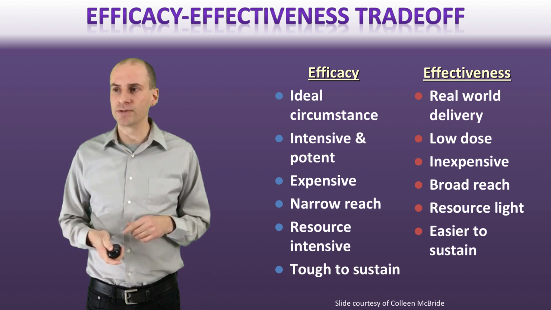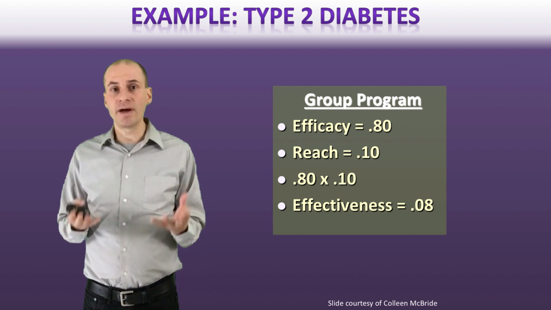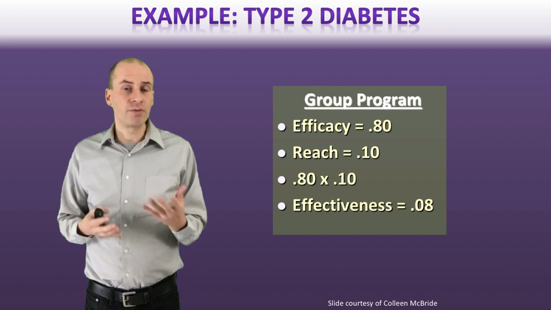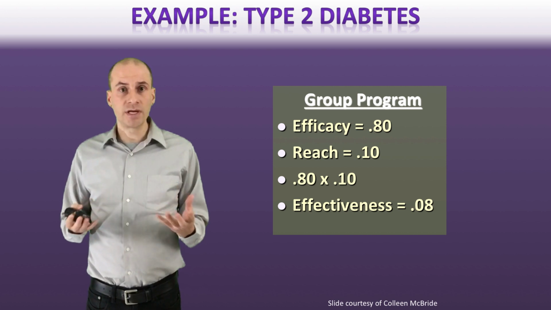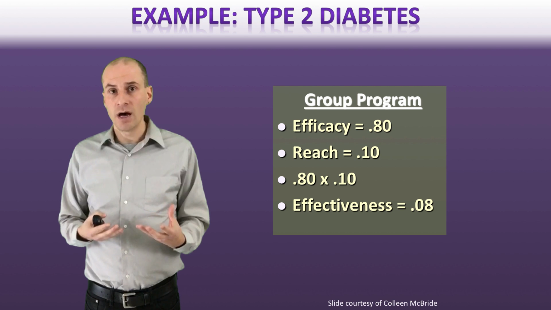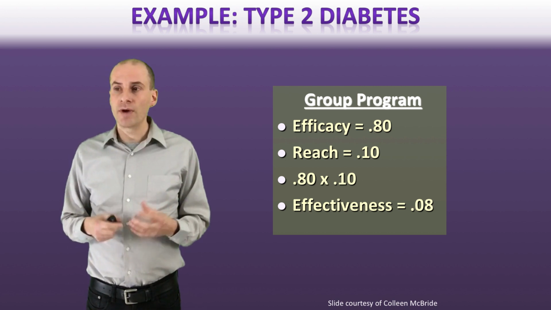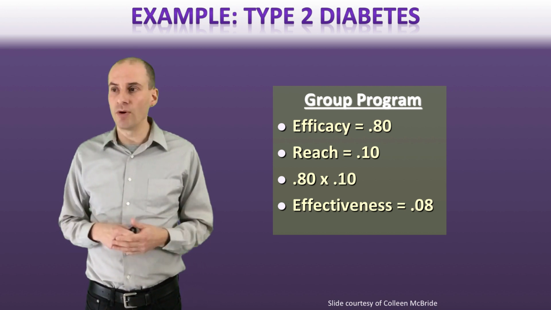I'll give you some examples. So think about type 2 diabetes. Again, type 2 diabetes is really common in the US population. About 35% of people will get type 2 diabetes within their lifespan. So it's a pretty serious health condition. It has a wide range of different health impacts that are substantial for folks, right? So we want to create public health interventions that can actually help people.